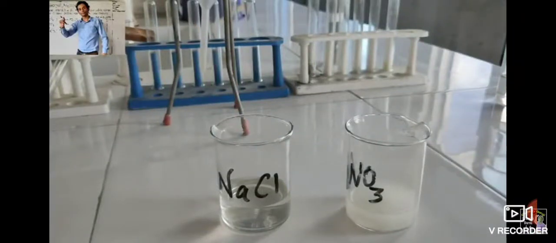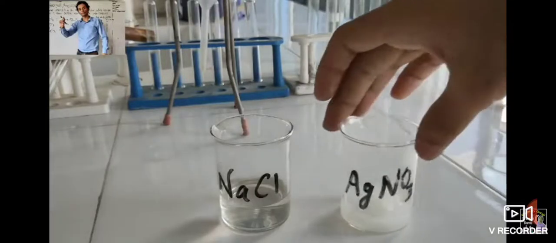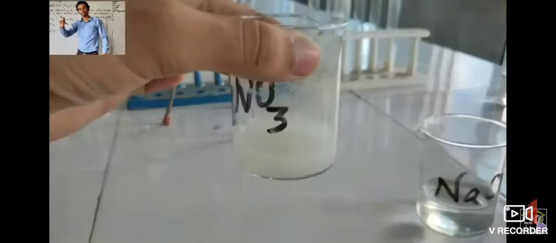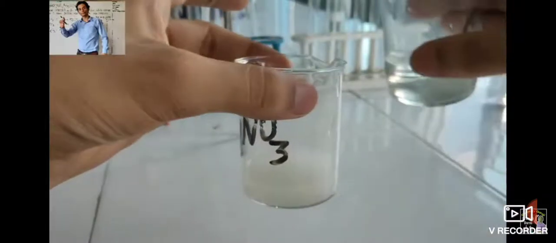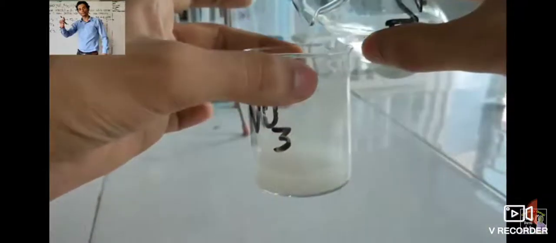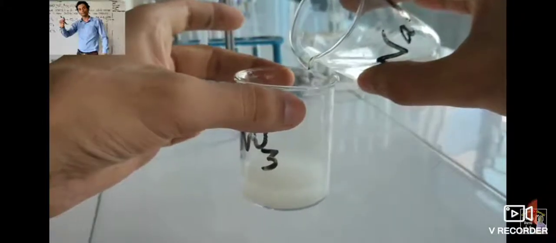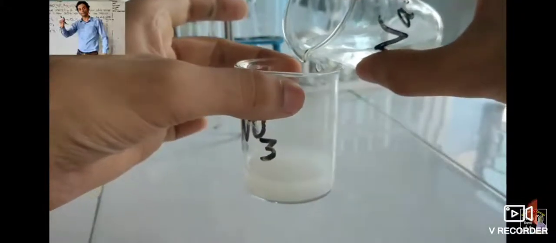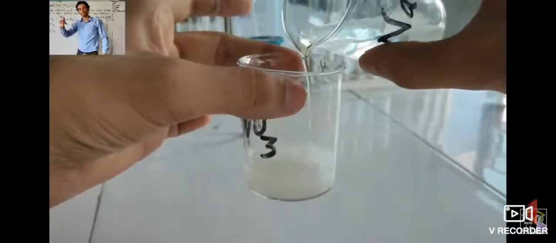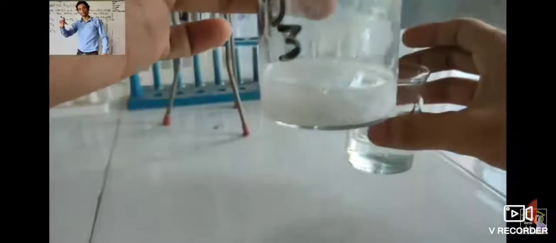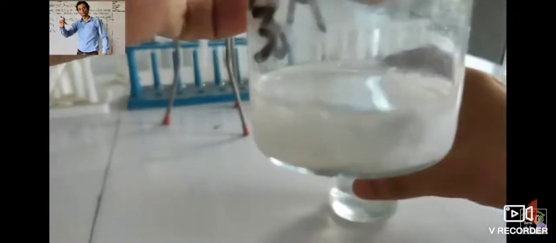So you can see the sodium chloride solution is transparent. Silver nitrate is a little whitish in color. Now you can add either sodium chloride to silver nitrate or silver nitrate to sodium chloride. Anyways you can do. Yes, see, he's adding sodium chloride to silver nitrate solution.